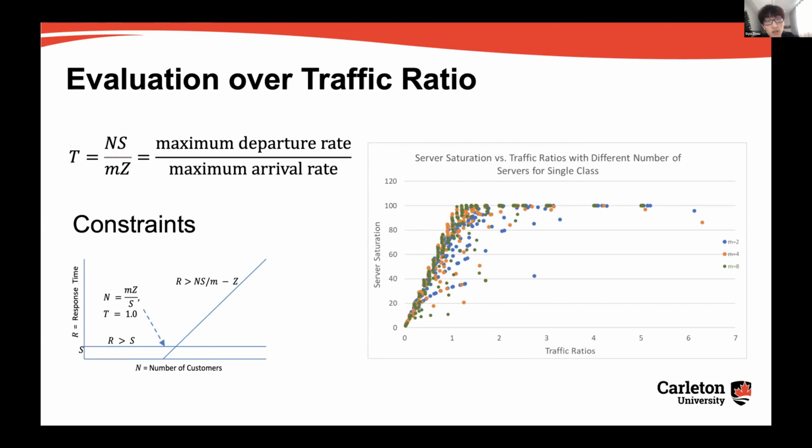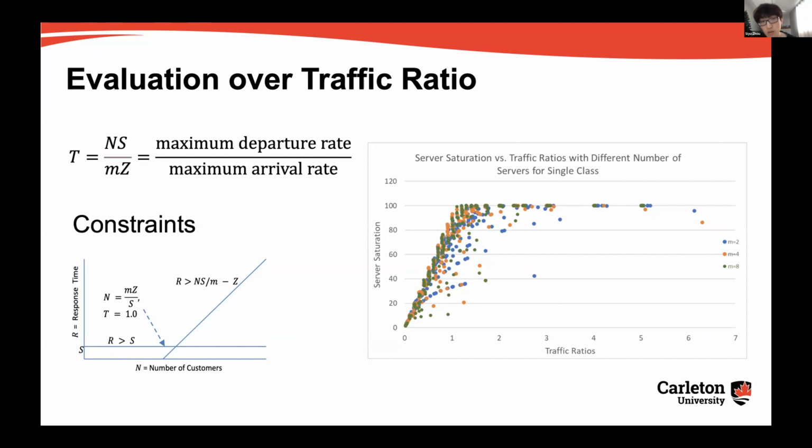It's the balance between the maximum departure rate and the maximum arrival rate. We found that cases with t close to 1 have worse accuracy in all approximations above, and below are the response time constraints. We see that t equals 1 is near the intersection of the bounds. We also have the relation between the saturation and the traffic ratio.